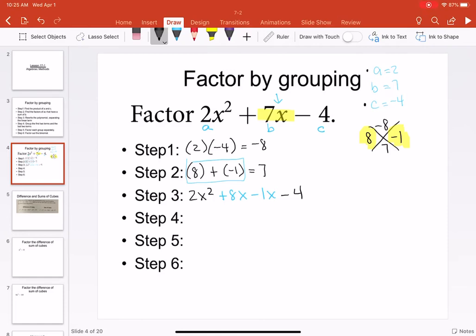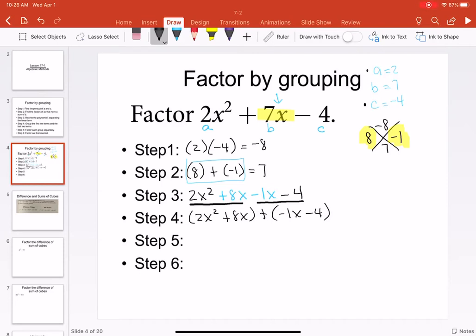All right, so step 4, group the first two terms and the last two terms. What I'm doing is putting parentheses around them. These are my first two terms, and these are my last two terms. Now I am going to factor each group separately.